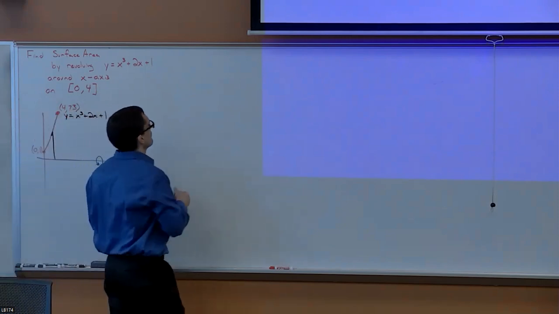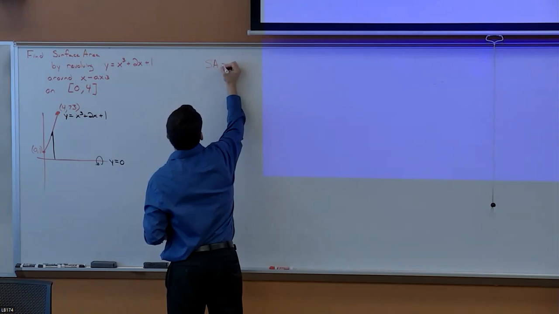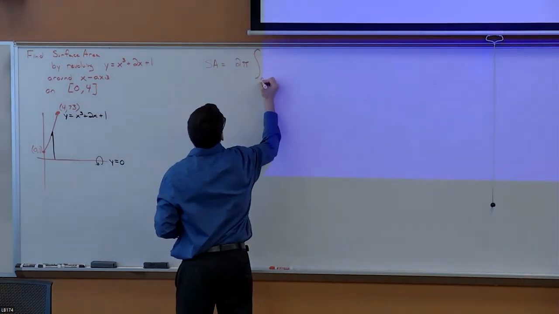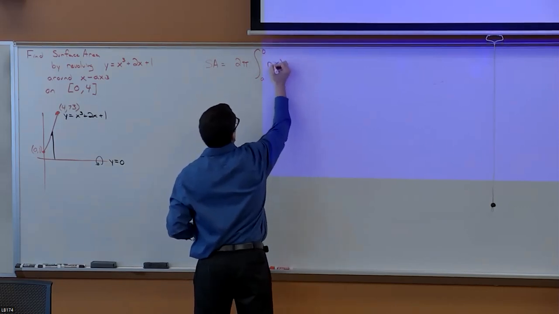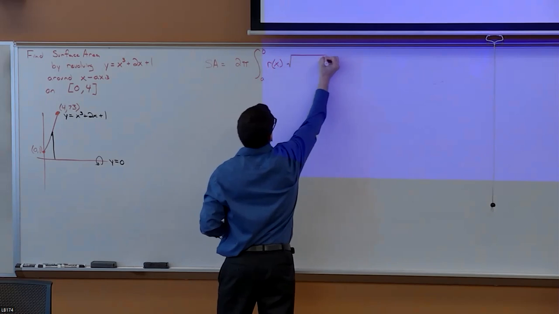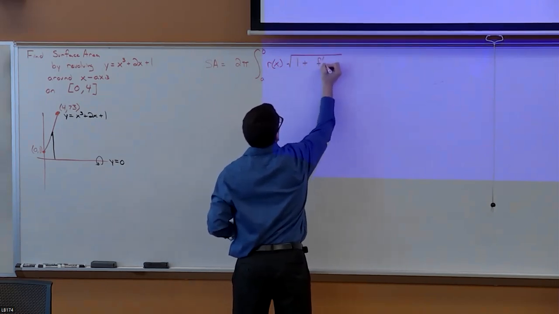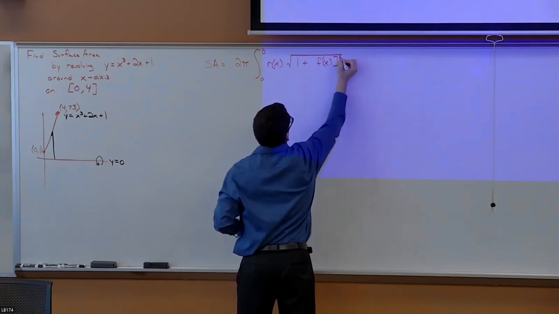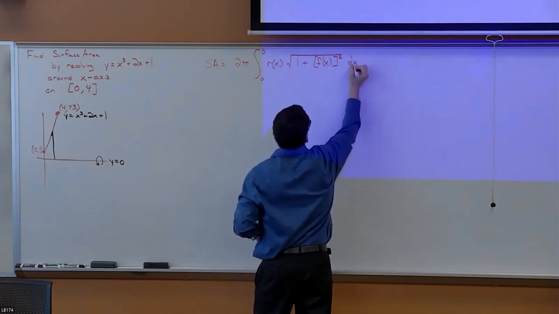So I want to find my surface area by using 2 pi, integrate from a to b, radius with respect to x, square root of 1 plus f prime squared, with respect to x.